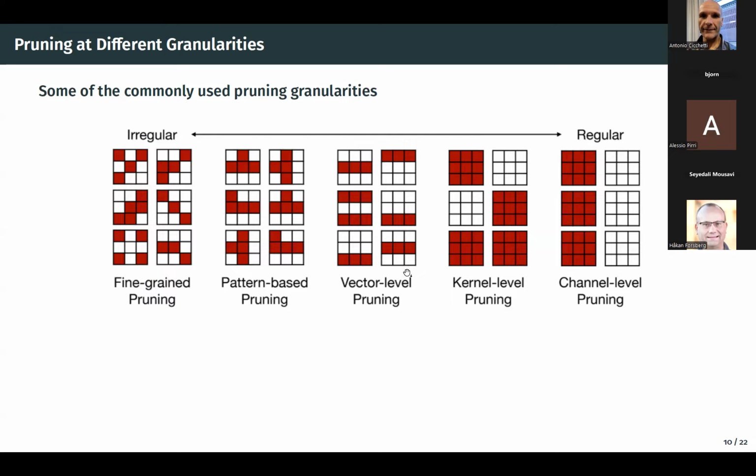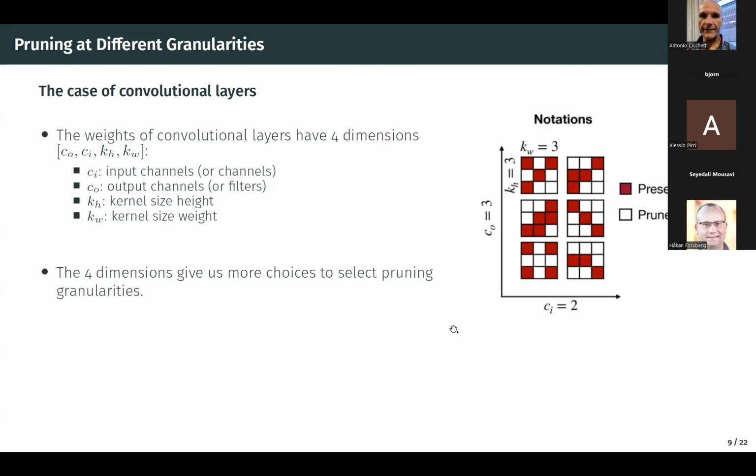And then, using the dimensions we mentioned, you can prune a vector. So say you are removing a certain number of rows. You can also prune the filter itself. You can entirely prune a filter so that you have fewer filters of the weights. And then you can also prune the channels. So basically, this is like choosing from which dimension you can prune.